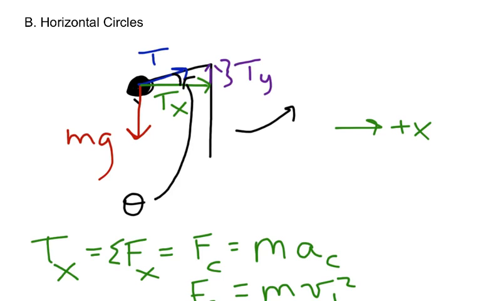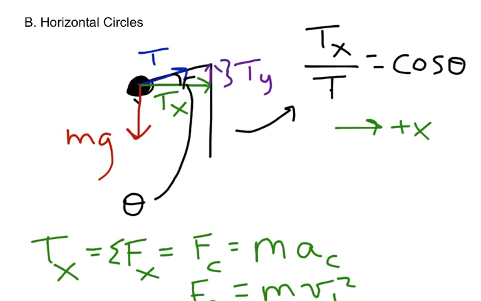Recall that your Tx, which is your adjacent over your hypotenuse T, is going to be cosine theta, or we can say Tx is equal to the tension in the rope times cosine theta. So if we knew the tension in the rope and we knew the angle, we should be able to find T sub x and therefore find the centripetal force value.